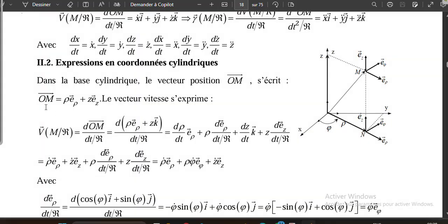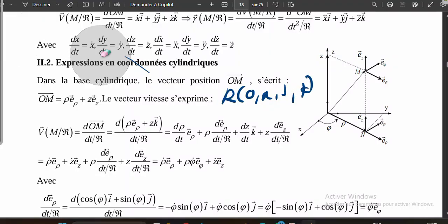So when you find OM to be rho e rho plus z ez, for you to find the velocity, same reasoning, you're going to differentiate OM with respect to time, in R. When we're talking about R, we're talking about the Cartesian coordinate system, with unit vectors i, j, k. So our reference system R usually is O i j k.